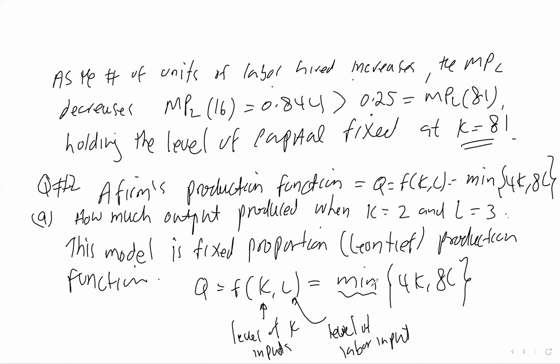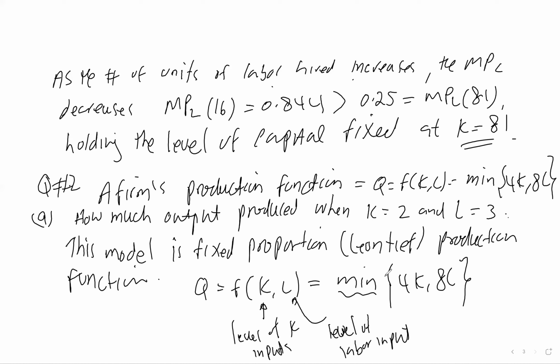And this is what the min means. So let's say, for example, you have too many machines, but you don't have enough labor to operate them. And therefore the min means that it's a constraint.